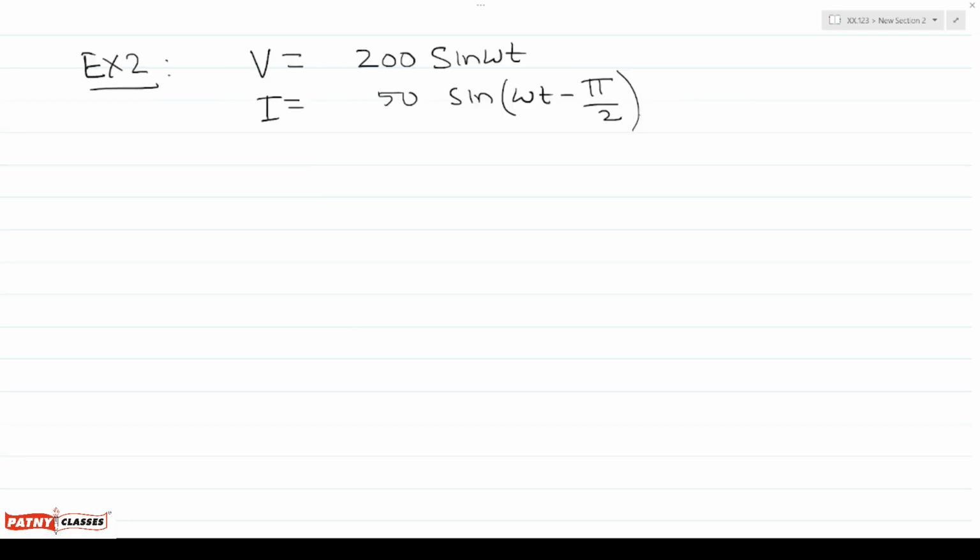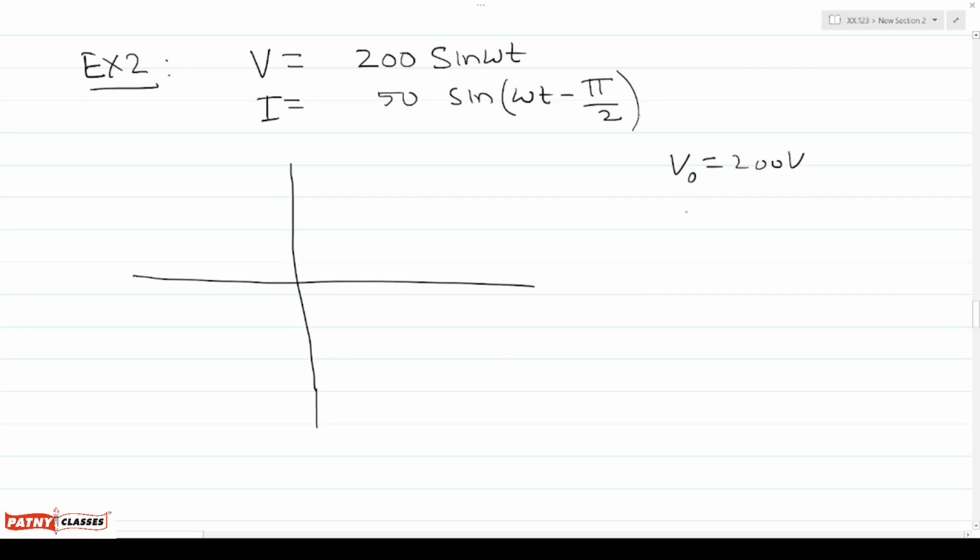Example 2 here: V equals 200 sin omega t and I equals 50 sin(omega t minus pi by 2). Then how to draw the phasor diagram? First of all, x-axis and y-axis like this, and we have the V naught value, that is 200 volts. So take 25 volts equals 1 centimeter.